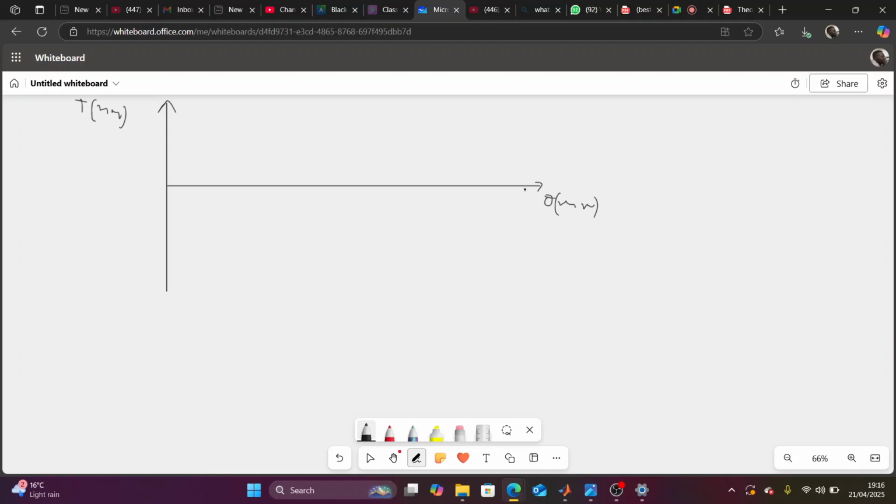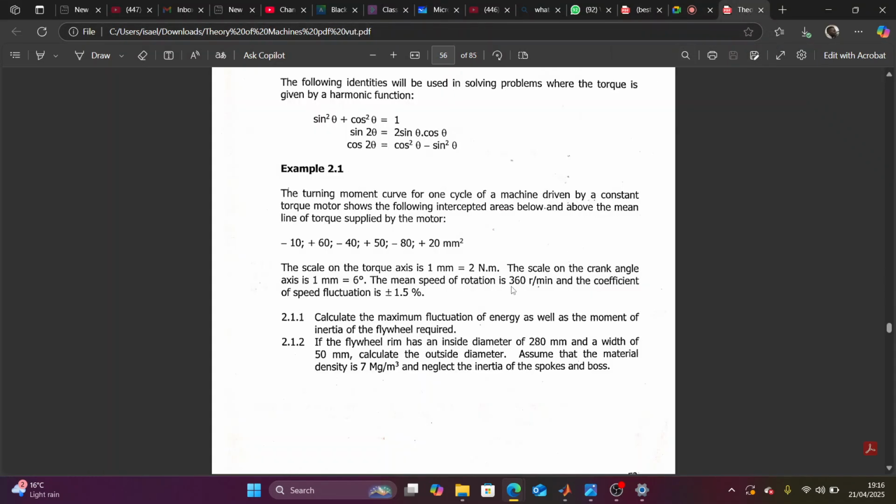Okay, now what is happening? Do you see the unit of this torque here and this theta here? What are the units? Millimeter. Normally, what is the unit of torque? Newton meter. The unit of theta, in terms of the machine, theta here is work in radian. So if you read under this problem, we are given a scale.